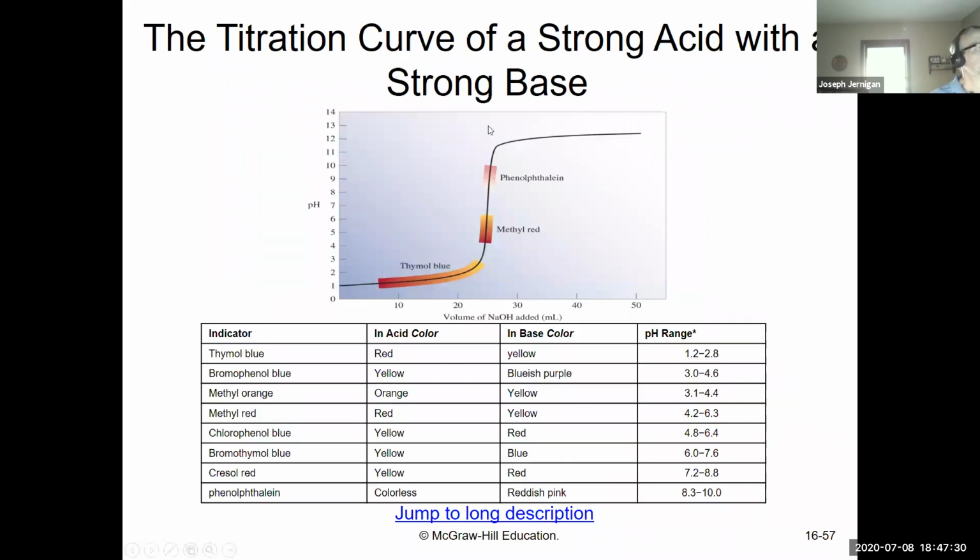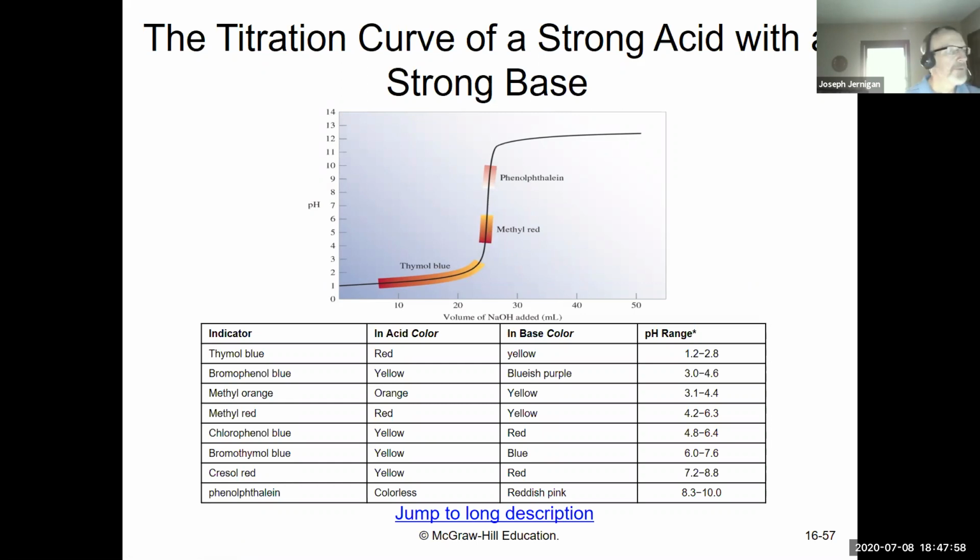Okay, titrating a strong acid with a strong base, another view of how to select an indicator. And again, that indicator must change its color within the highly changing part of your titration curve. In this case, it's the highly rising part of that strong acid-base titration curve.